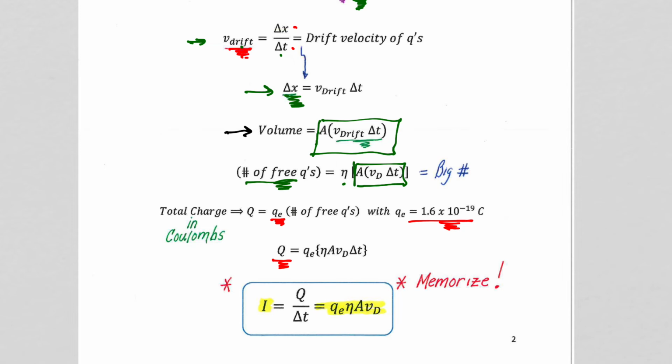And when we take the coulombs per second, divided by the delta t, we lose the delta t, and we get the current as the charge on the electron, 1.6 times 10 to the minus 19, the number density, script n, cross-sectional area A times the drift velocity V.